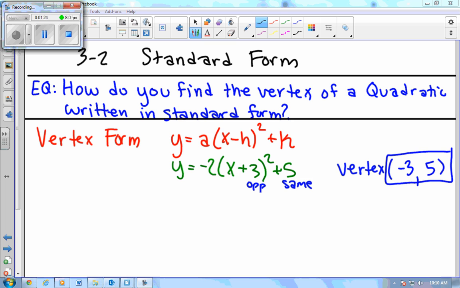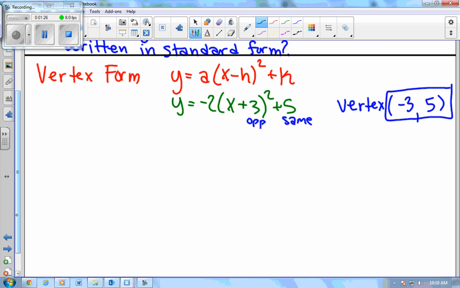Standard form looks like this. Oops, I am on the wrong page of my book.